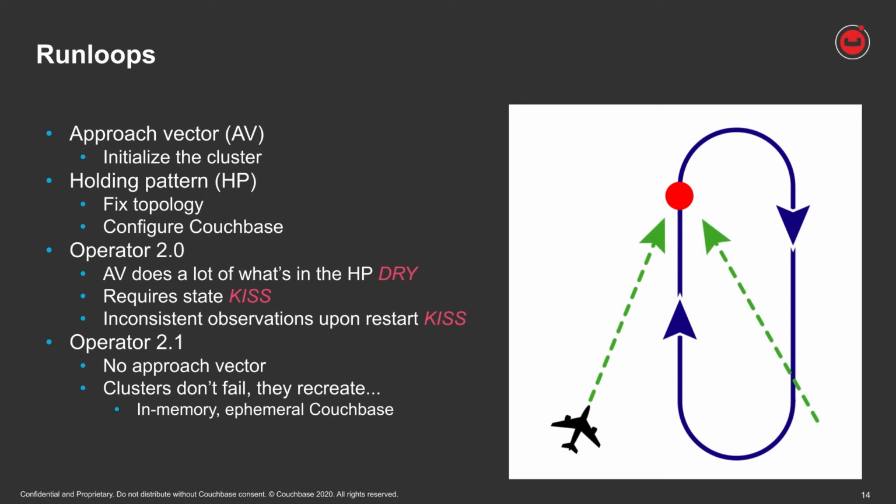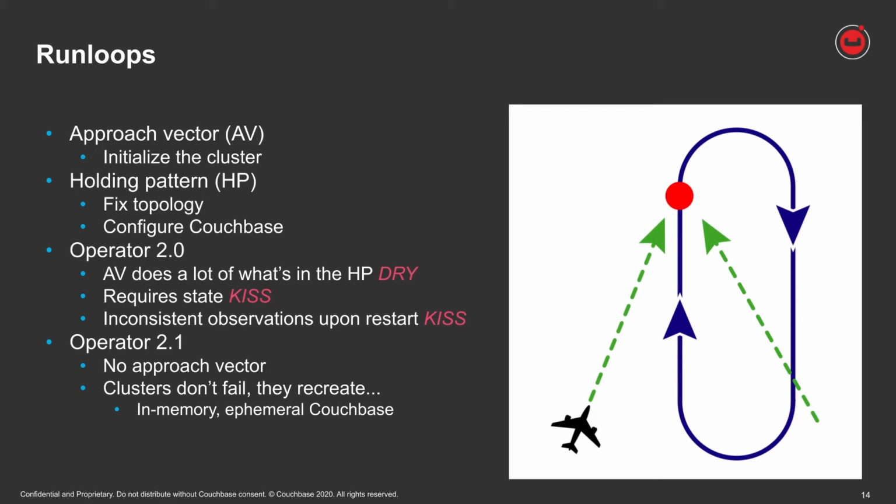This is how the run loop looks, or it used to look, in the operator 2.0. Basically we have an approach vector. This used to be conditional. The approach vector in this case would be, I've just started, I'm doing some stuff. In this case, it would be bringing up services, and bringing up the initial node in the cluster before it actually enters the run loop, where it goes, am I the right size?